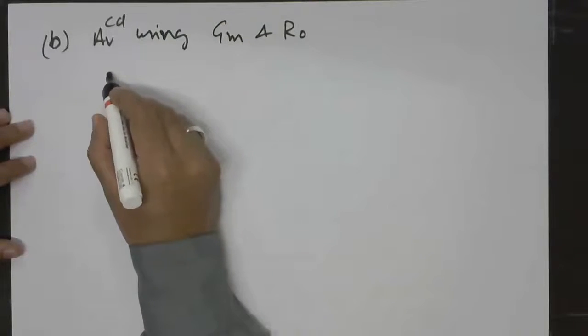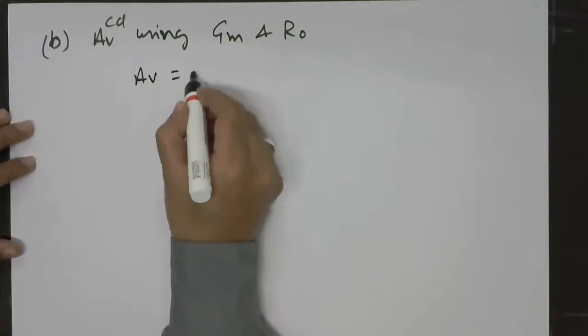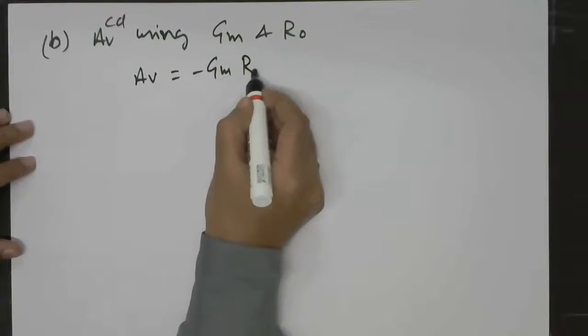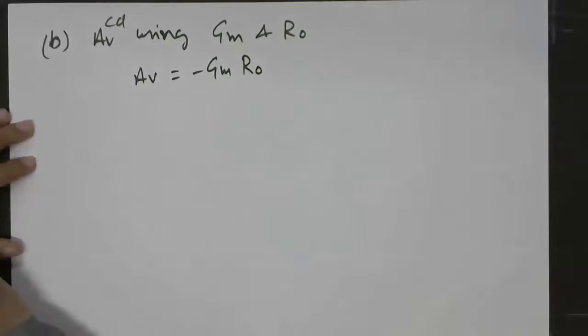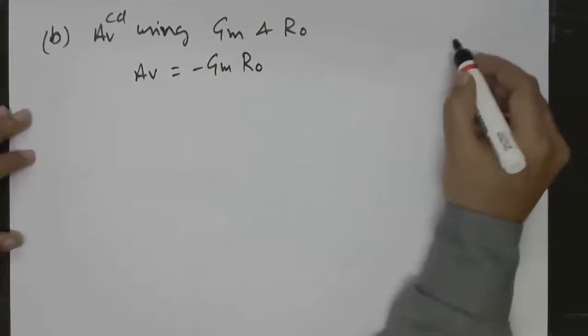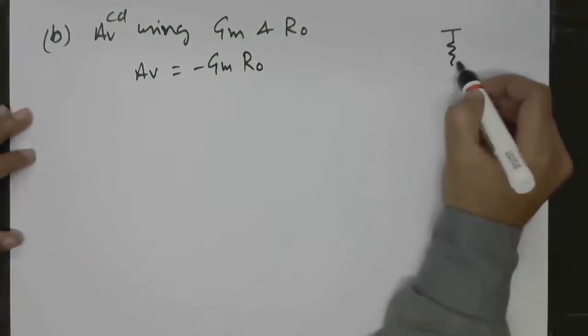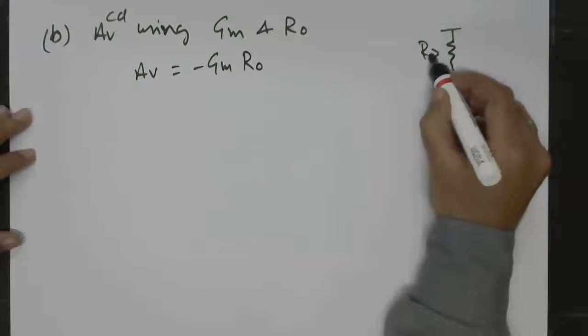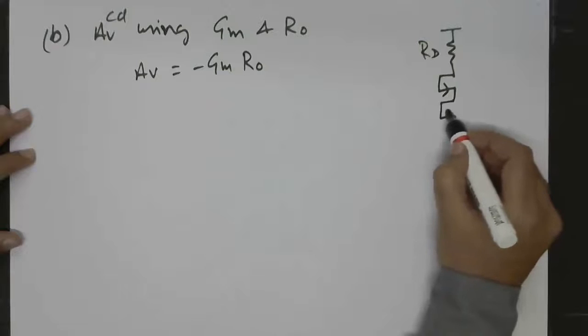So we know that AV is given by the transconductance of the circuit and the output resistance. So for this case, we will have to find out these two. Now we return to the simple case for the analysis purpose.